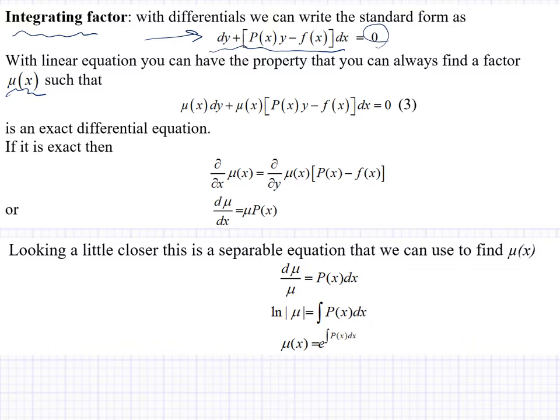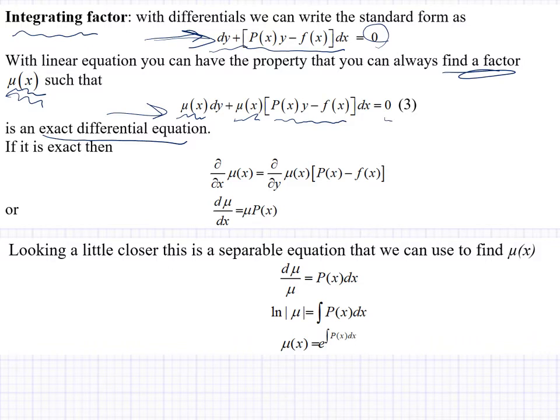All right, so then what we're going to say is let's try and find this mu such that when I multiply it through this equation, I now get an exact differential equation. So that means the mu here gets multiplied by the dy, the mu gets multiplied by this p of x y minus f of x dx, and then if it's also multiplied on the other side, it's multiplied by 0, which still stays 0.